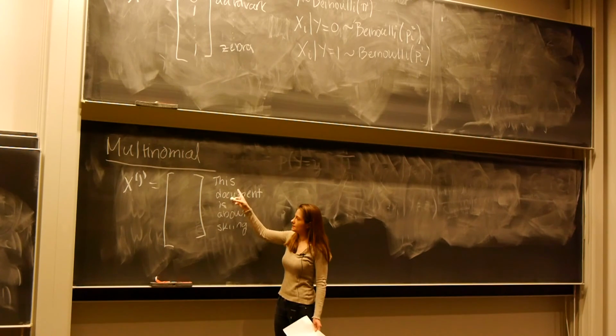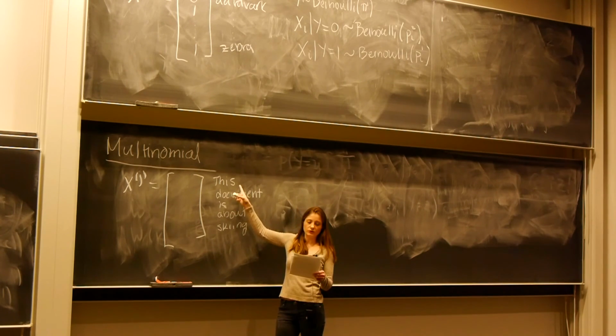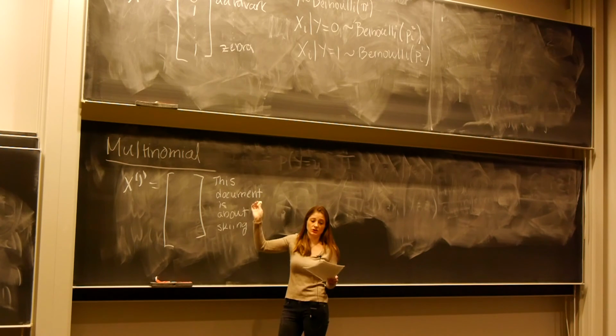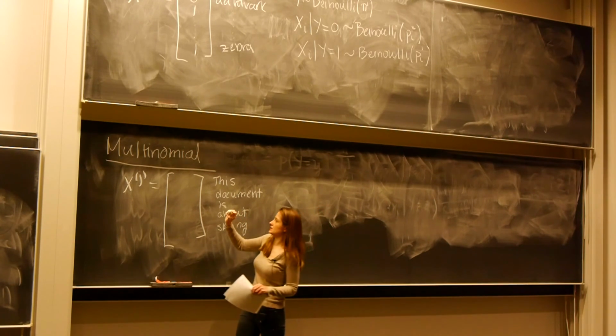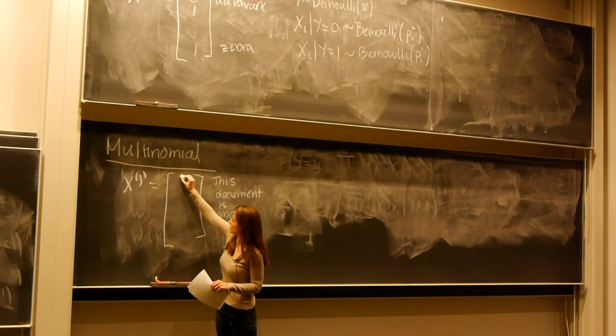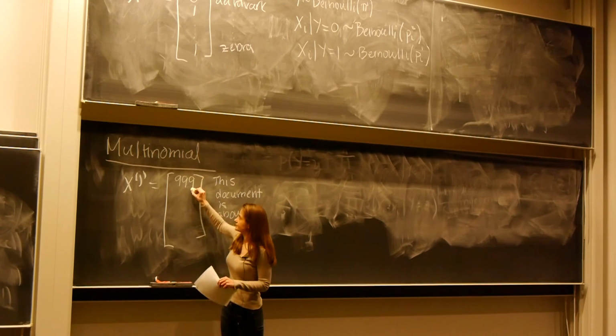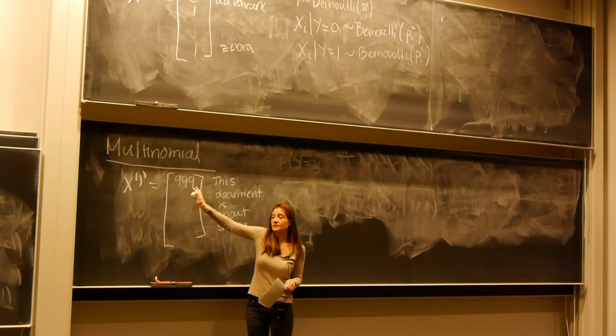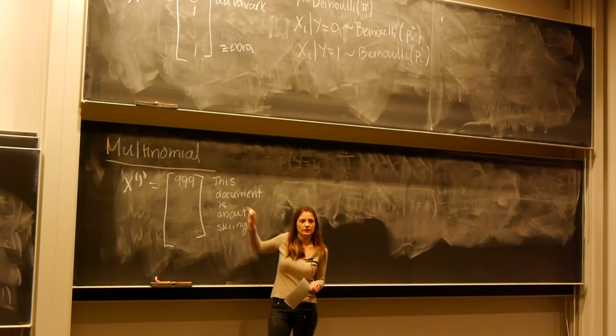Let's say that when you look this up in your dictionary, it's the 999th word, but it's the first word in your document. So in the first position of your vector, you're going to put something like 999, or some value to indicate that it's this particular word.